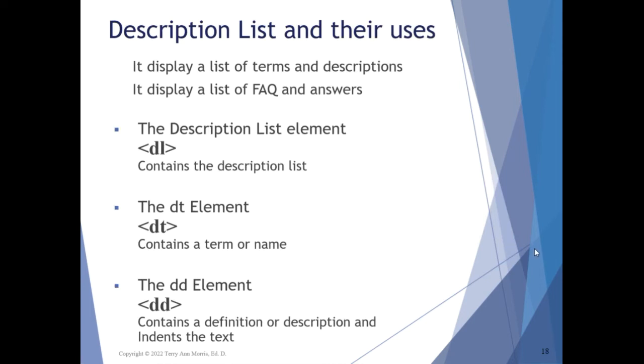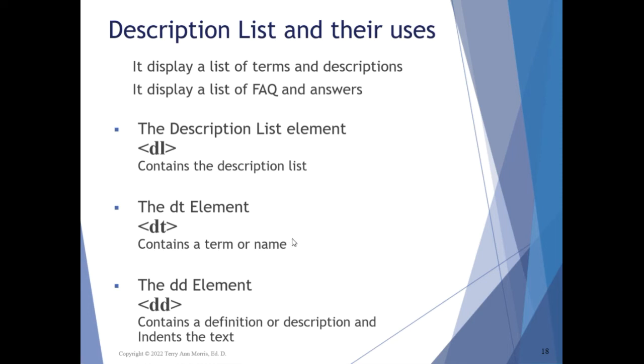Description list and their uses. Description list displays a list of items and descriptions. It displays a list of FAQ and answers. These are some description list elements. We have the DL, it contains the description list. We have the DT, it contains a term or name. And finally, we have the DD.